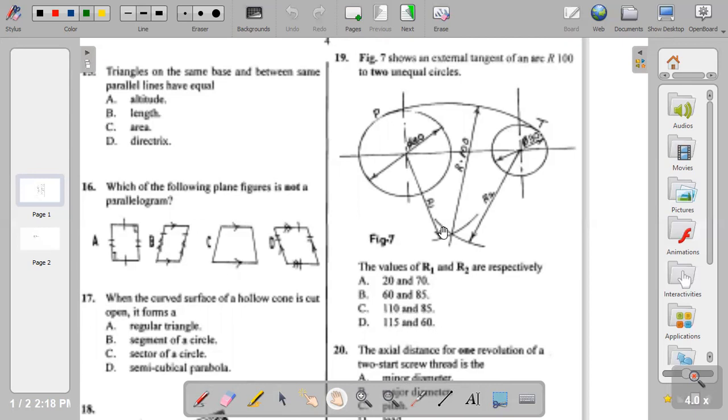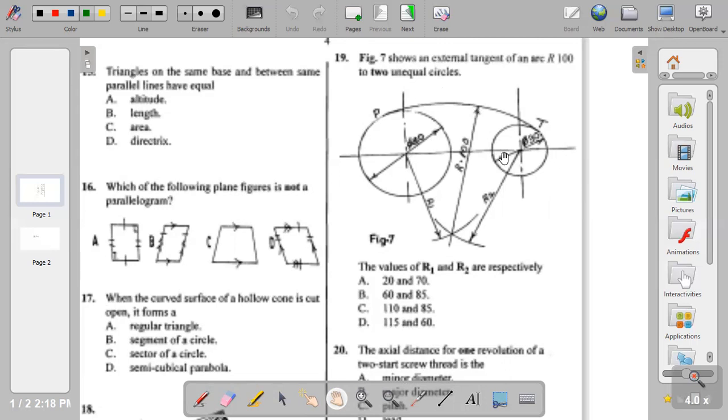Now, to get this, we'll look out for the bigger circle. The bigger circle will check if it's an including circle or an excluding circle. Now, when you look at this curve, it's an including circle because it includes the circle with diameter 80 and the circle with diameter 30. So if it's an including circle, what you do is to subtract the smaller circle from the big circle.